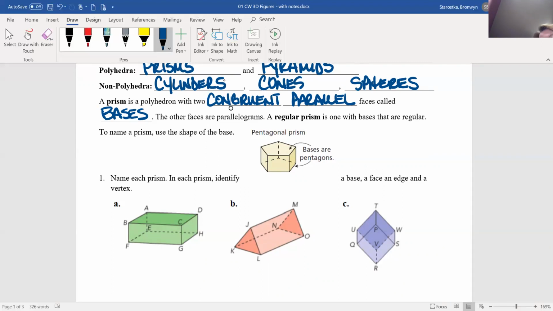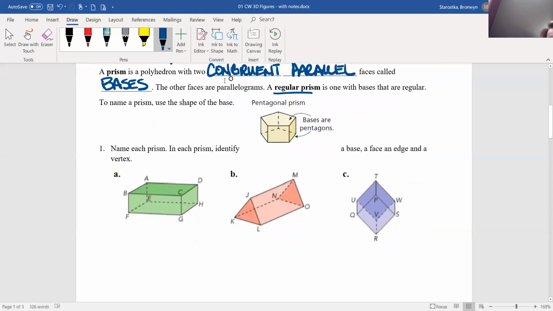They have to be parallel, and those would be your bases. And then the other faces are going to be parallelograms. For us, we're going to look at square or rectangular faces and bases that could be any polygons. A regular prism is going to have bases that are regular: a square, an equilateral triangle, a regular pentagon, a regular hexagon, a regular octagon.